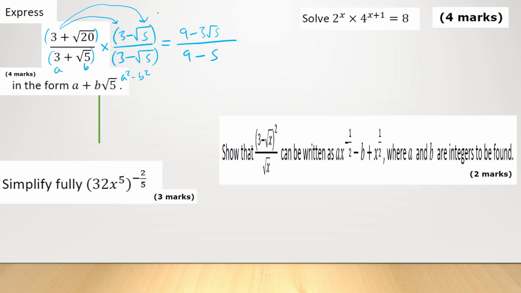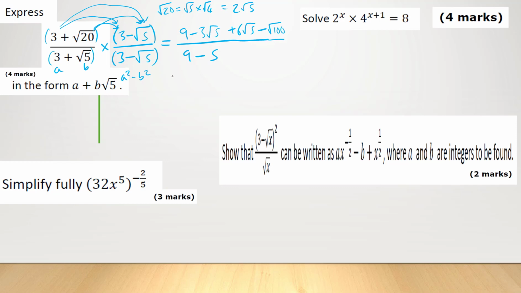Now it'll be easier to work out what root 20 is, which is root 4 times root 5. So that becomes 2 root 5. So 2 root 5 times 3 is going to be plus 6 root 5. And the last bit, root 20 times minus root 5 is minus root 100, which we know is 10.